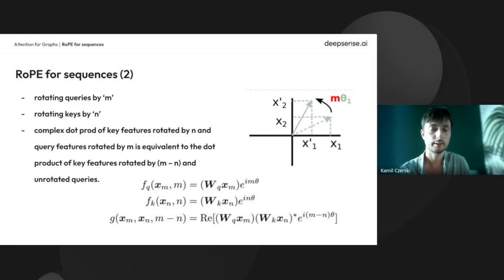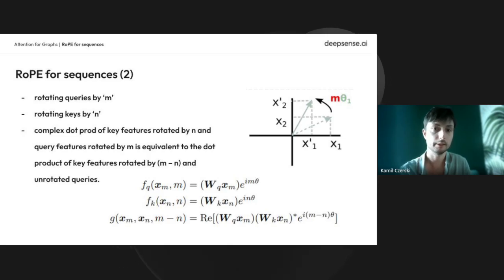Like the first and second feature, the third and fourth feature, up to the last and last minus one feature. And you can analyze RoPE by taking only one pair into account, because all other pairs work independently. So you don't have to keep in mind that there are many pairs and something happens between them.